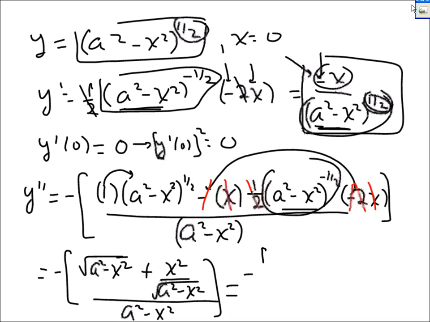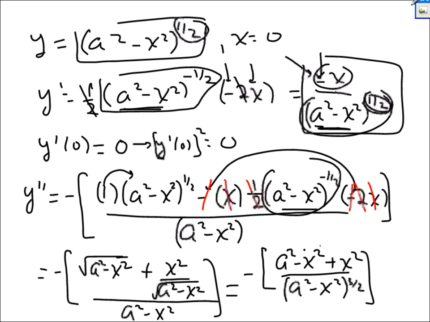Now if you clean this up, and this is just algebra, you get a squared minus x squared plus x squared divided by a squared minus x squared to the 3/2 power. And negative x squared plus x squared cancels out. Now, if x is 0, you get negative a squared on top. If x is 0, this is not there. So the bottom gives you a squared to the 3/2.